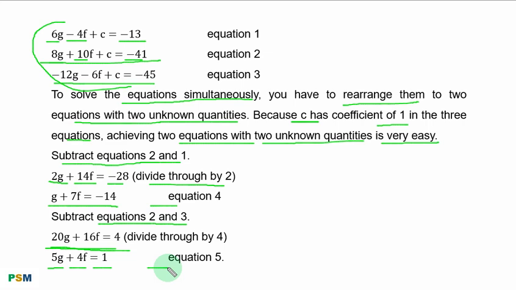Now, equation 4 and 5 have two variables. So you can solve them simultaneously with ease using any method of your choice. Elimination method, substitution method, you have matrix method.